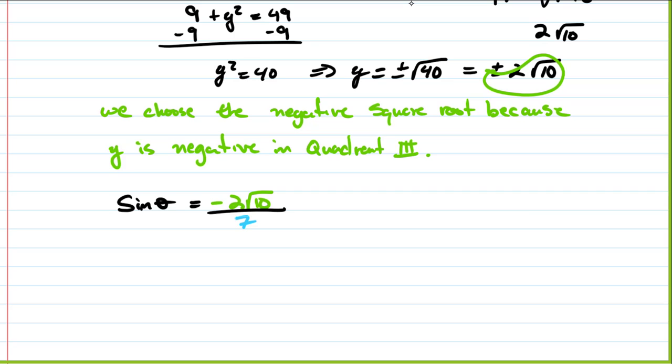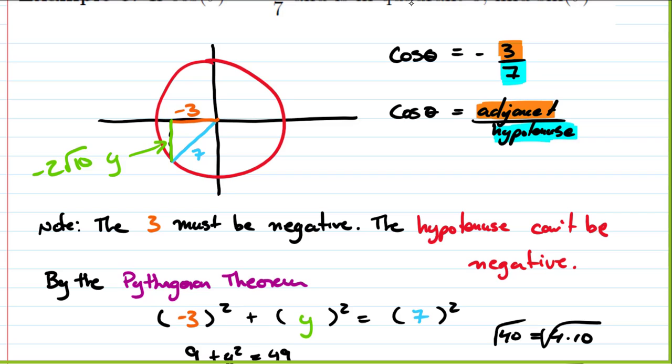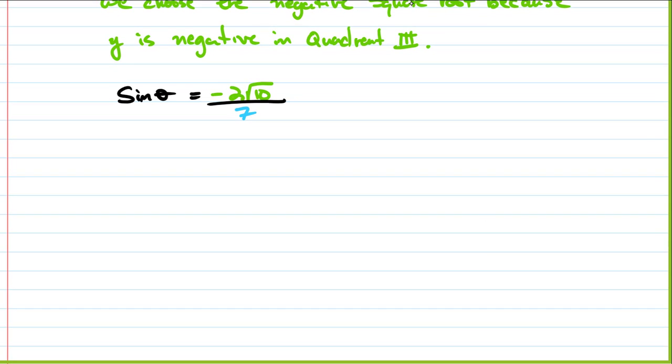So with that method, we drew our triangle, and we knew that it had to be a right triangle, so we then used the Pythagorean theorem to solve for the missing side, and then used our definition that sine was opposite over hypotenuse. There is another method we could have used. And that one is the first Pythagorean identity.